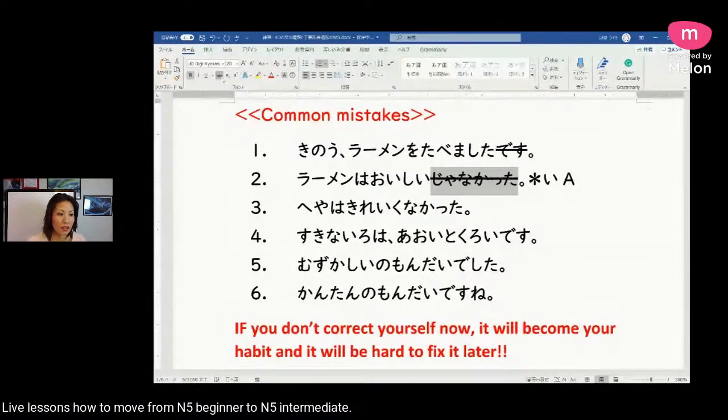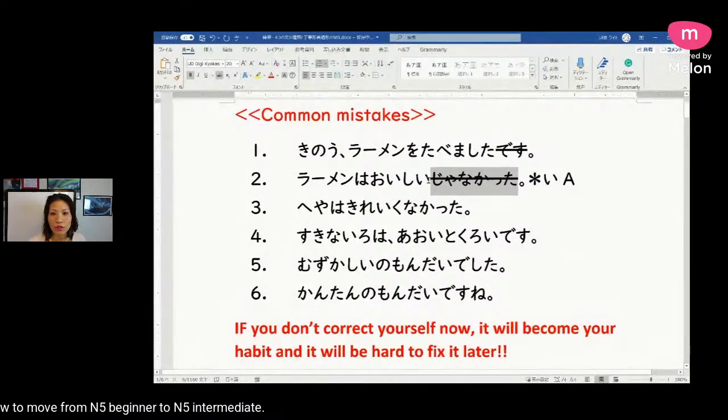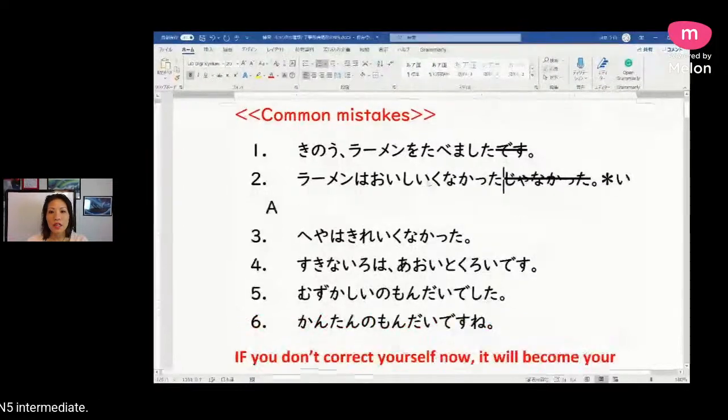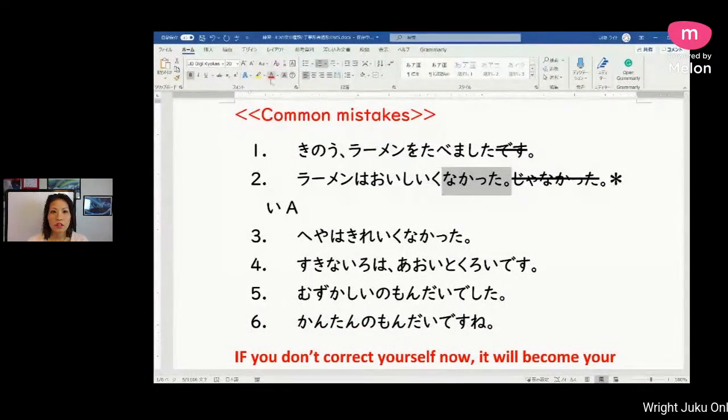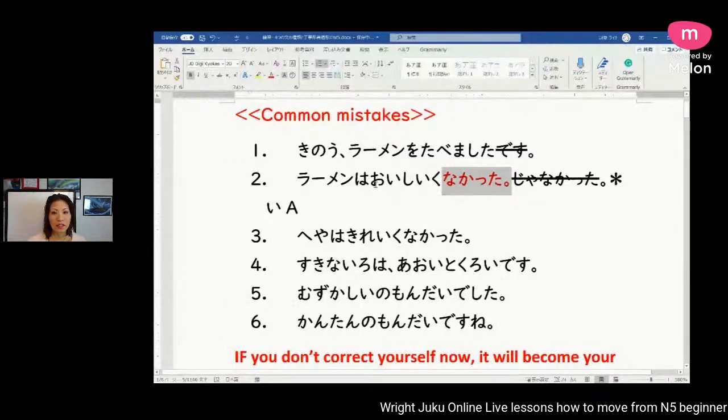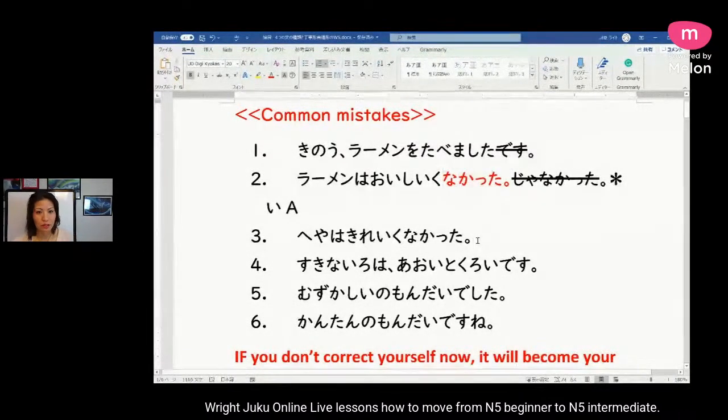That's for na adjectives and nouns. So you are supposed to say おいしくなかった. That's the right way to say it. Now you know how to fix that because you can analyze that おいしい is an E adjective, so it goes to the E adjective pattern.